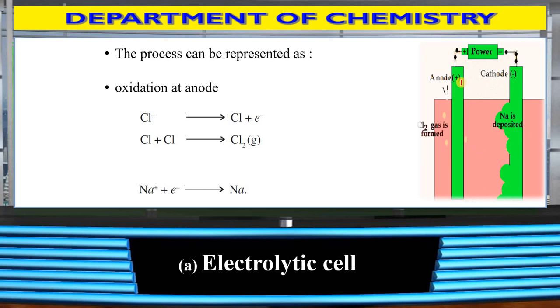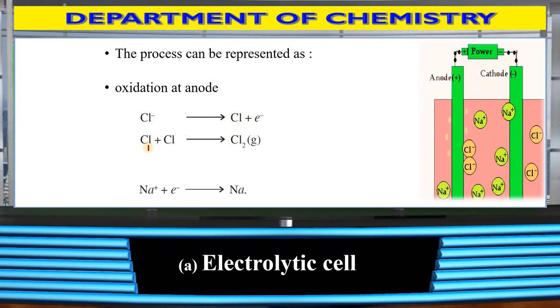Therefore the oxidation reaction is carried out at this electrode, that is the anode, that means Cl minus ion converts into Cl plus 1 electron. It means the Cl loses its electron when it goes towards the surface of the anode, and the electrode accepts the electrons and moves them from anode to cathode.